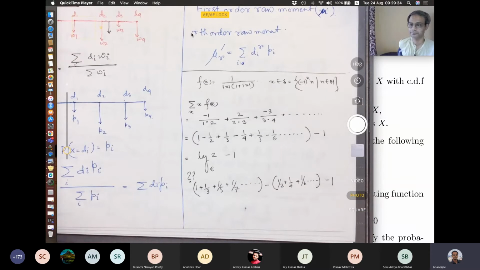Can you tell me? I have not done anything, I just rearranged the numbers. Anybody? Any answer? I have just rearranged the numbers.